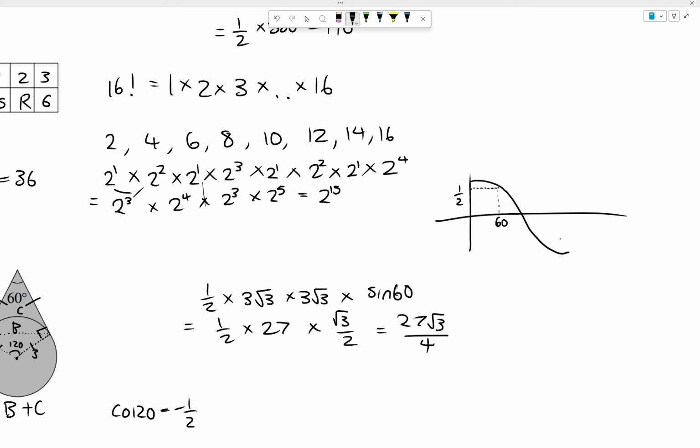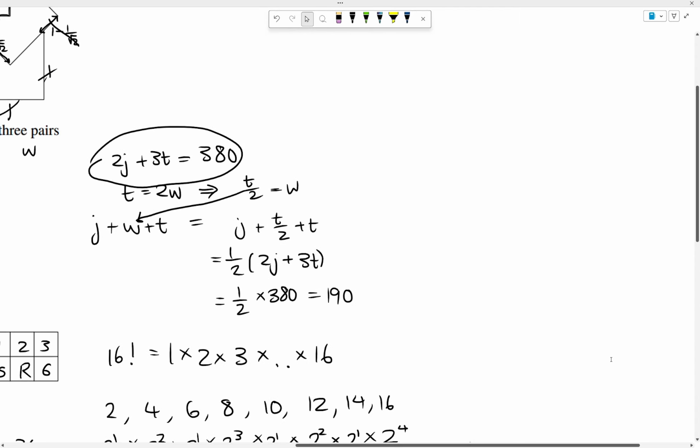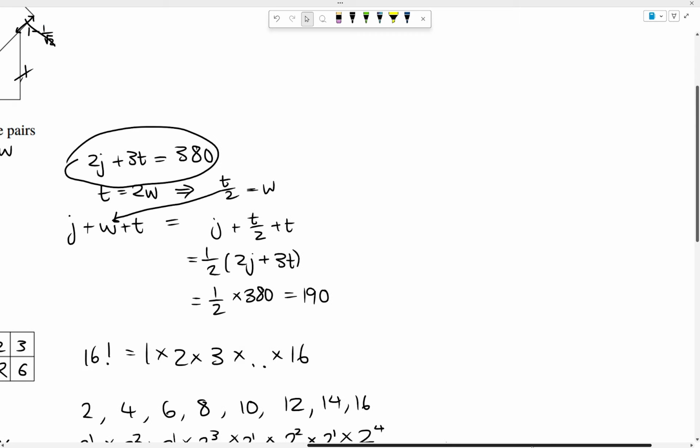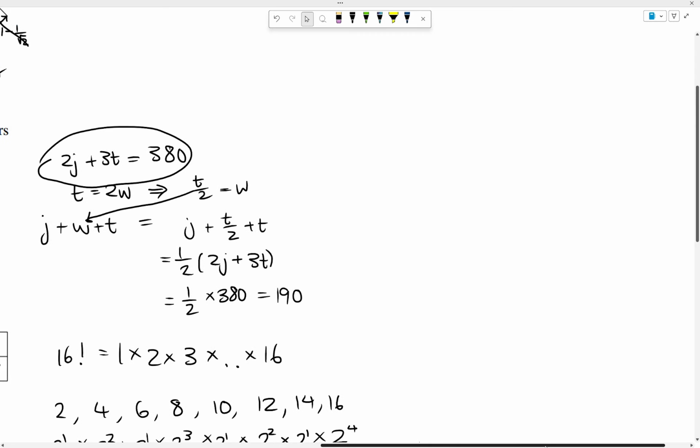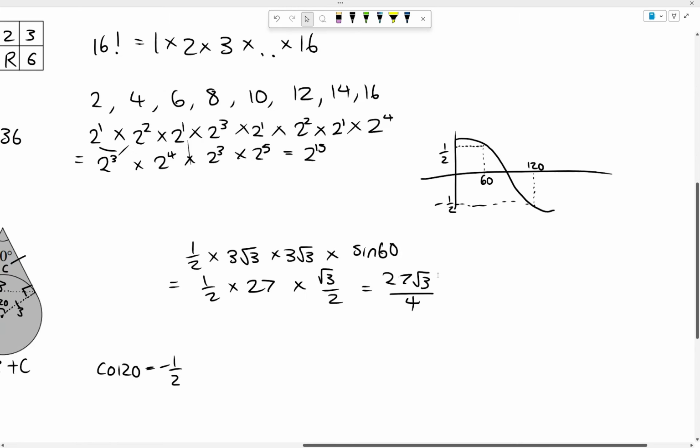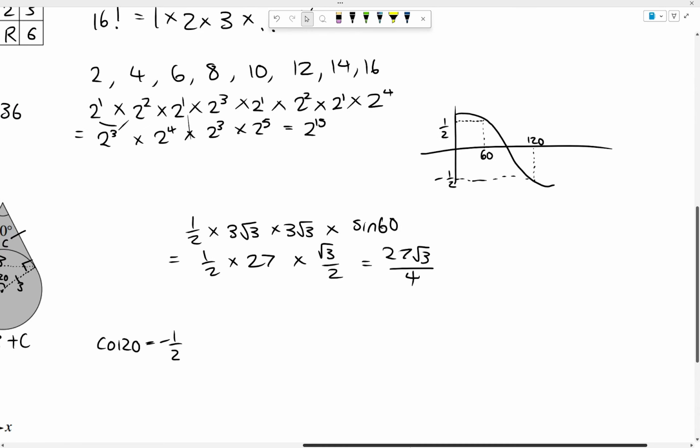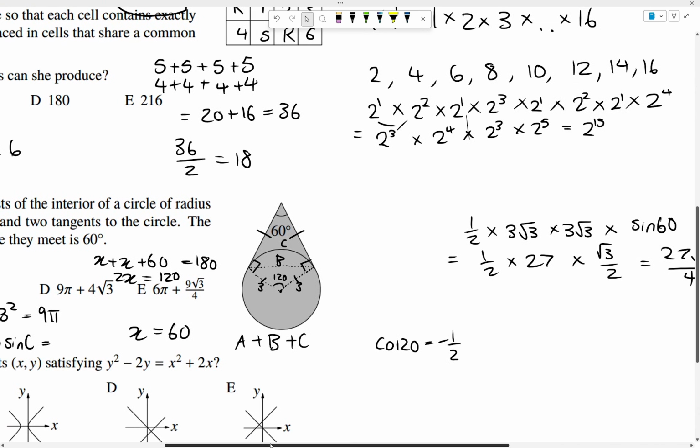That's not very to scale, but it will do. Cos of 120, there's a symmetry, so this is minus a half. There's the working out.